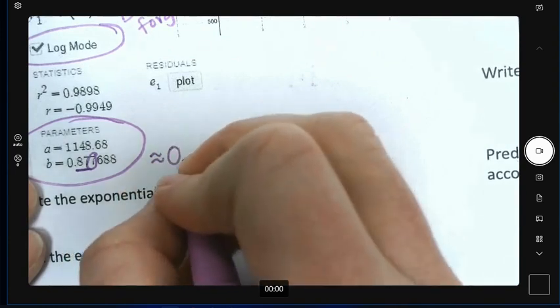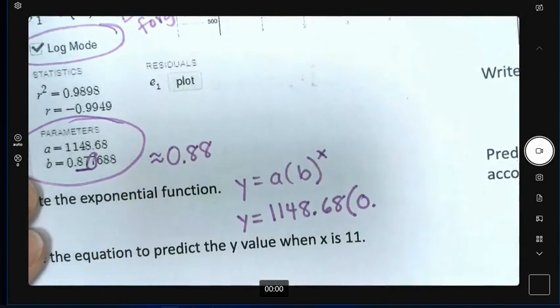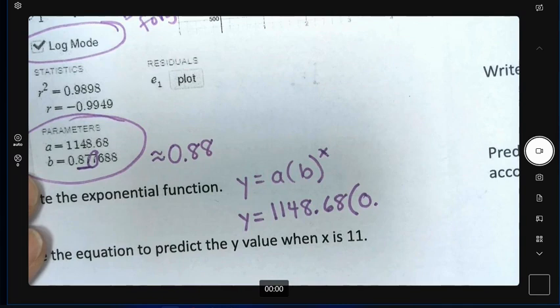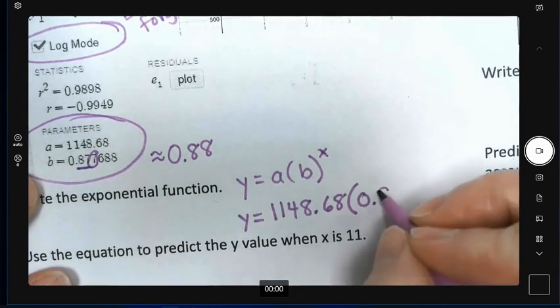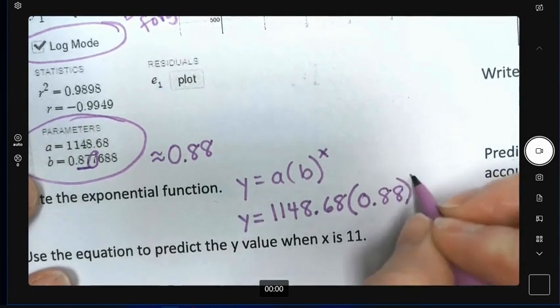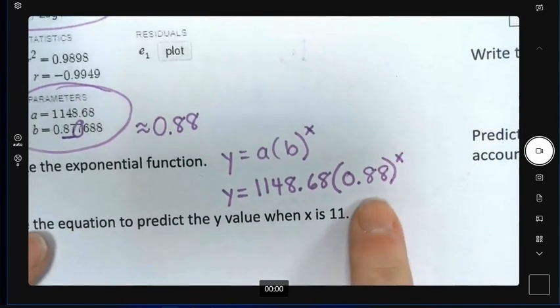So this is going to be 0.88. So remember, 5 or more, you're going to raise that number up. 4 or less, you're just going to keep it the exact same. So that's my B value, 0.88 raised to the x. So that's my equation.